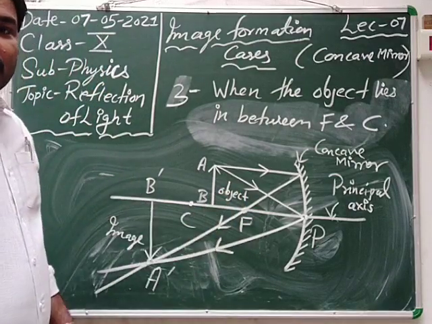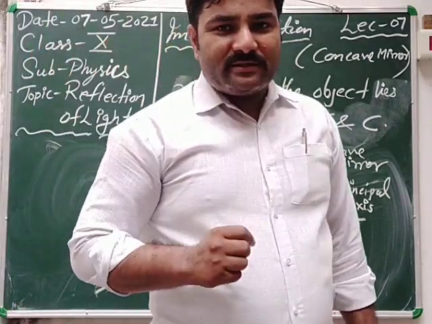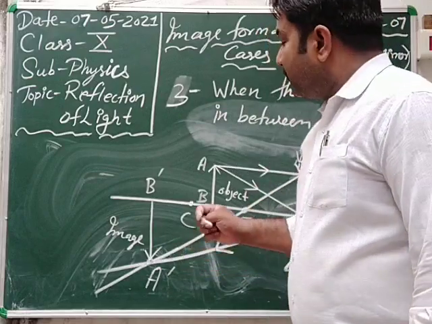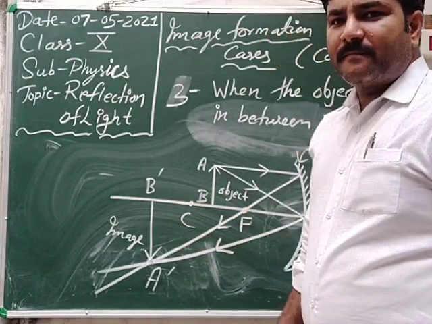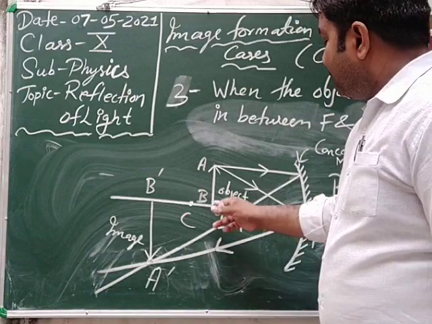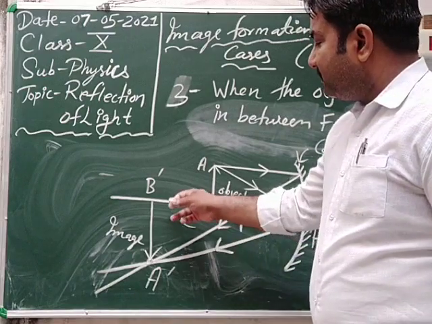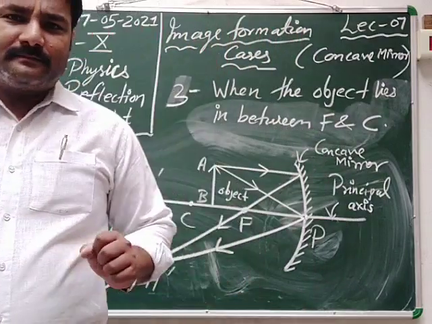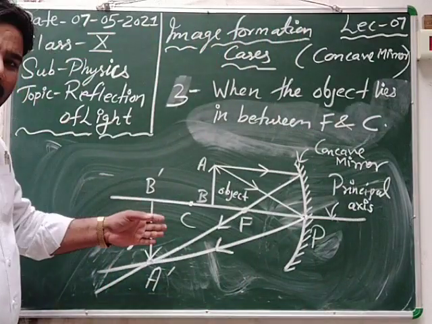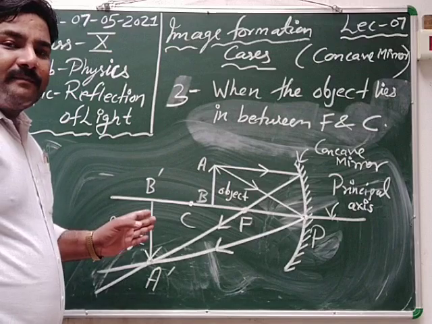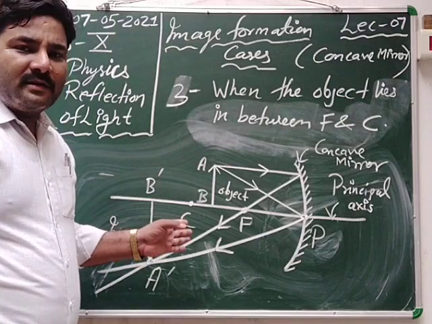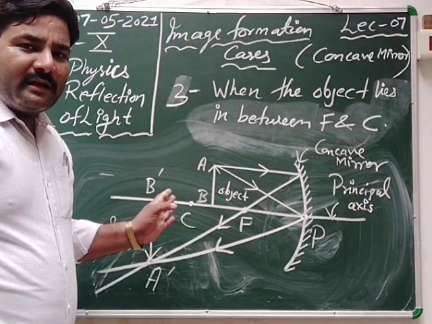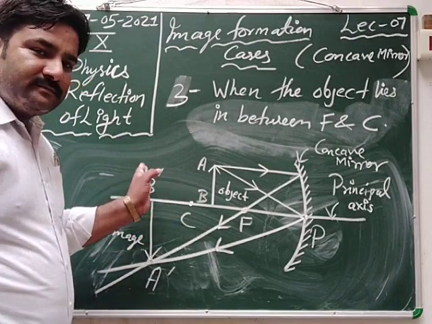And the 3 points about the image, that is what? Here the object lies between F and C, then image forms beyond C. Beyond C. Or you say that away from C, along the object side. Object side here, this one.